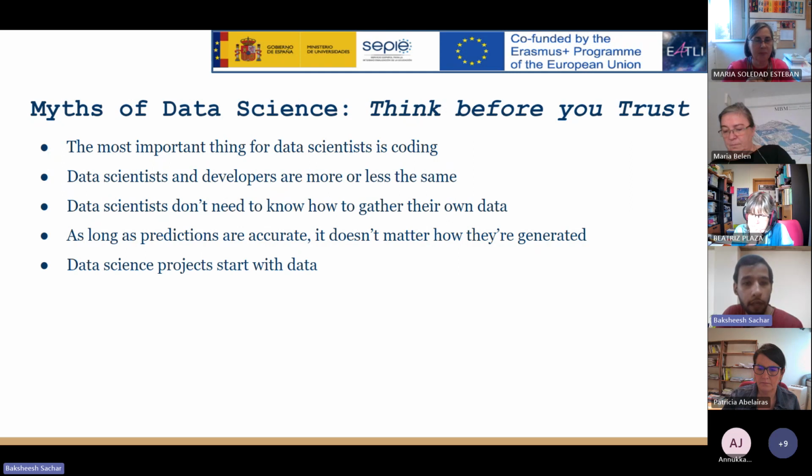Another myth is that data science projects start with data. We can even work on metadata. Metadata in simpler terms is data of data. For example, I was reading in one of the papers that when we use these normal cab aggregator applications to book our cabs, for example Uber, I need to go from point A to point B. The Uber application asks me for that.